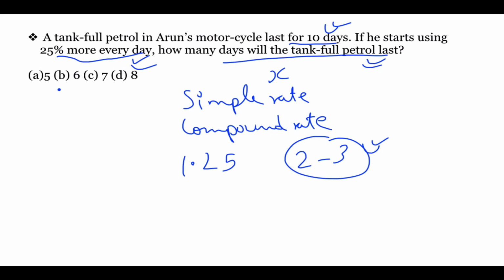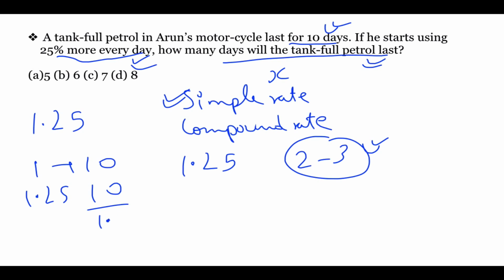So the answer would be less than 5, so this cannot be the answer. So the interpretation is in terms of simple rate. He is using 1.25 liters rather than 1 liter. If 1 liter lasts for 10 days, then 1.25 will last for 10 divided by 1.25, which equals 8 days. So the answer here is 8 days.